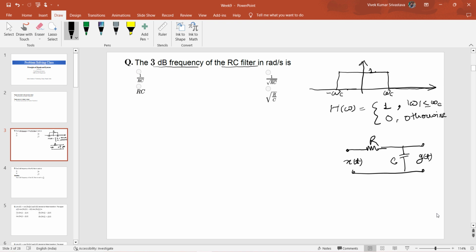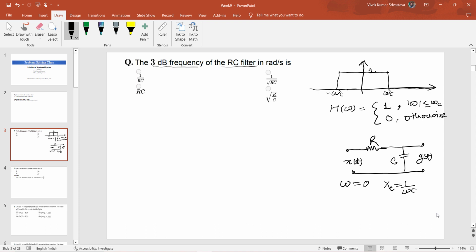Let us first check whether it is a low pass filter or not. For that purpose, let us assume the low frequency case where omega is 0. The impedance of the capacitance is defined as 1 over omega c.